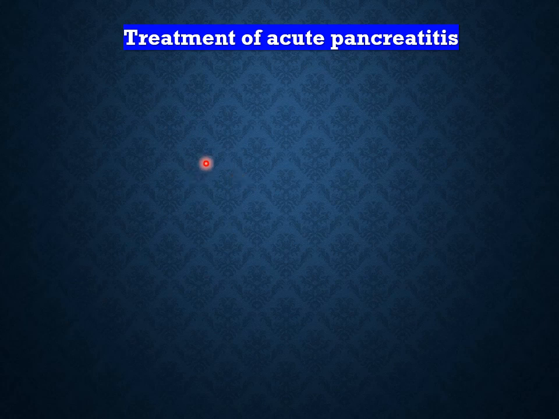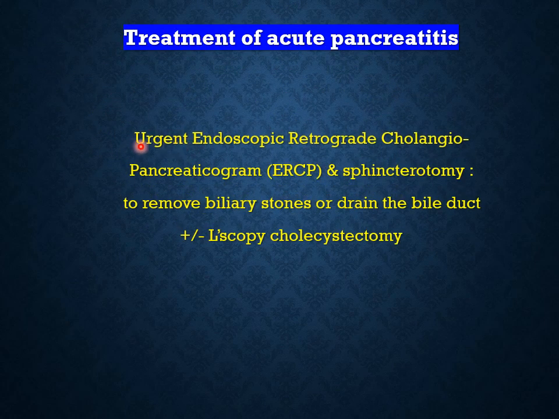And then coming to specific treatment of acute pancreatitis: urgent endoscopic retrograde cholangiopancreatogram, ERCP with sphincterotomy. This is the definitive treatment of acute pancreatitis, to remove the biliary stone or drain the bile duct, and this can be done by ERCP followed by laparoscopic cholecystectomy to remove the gallstones.